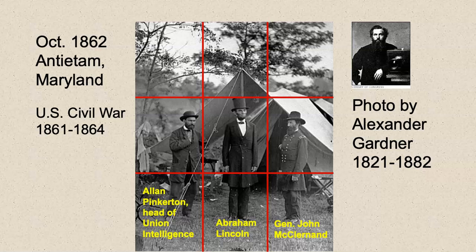This is actually a famous photo that was taken by Alexander Gardner on an important Civil War battlefield in 1862. The men don't look happy, but we need more information to make good inferences about the circumstances of this picture.